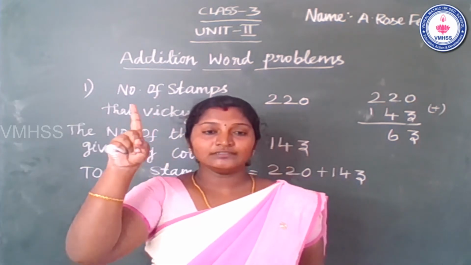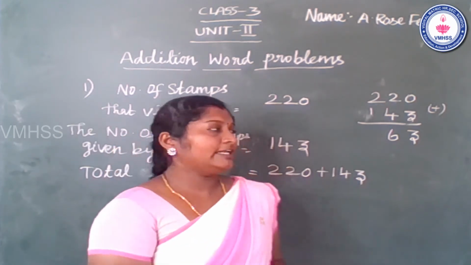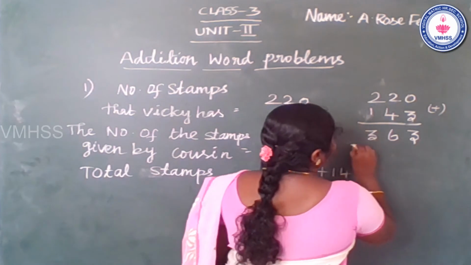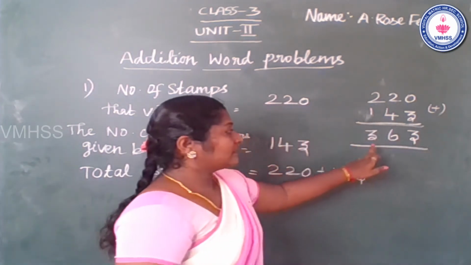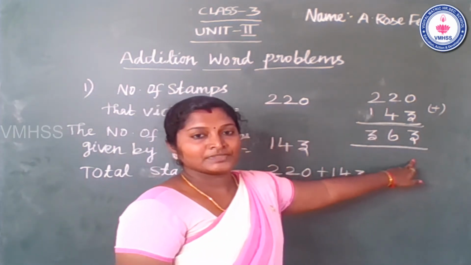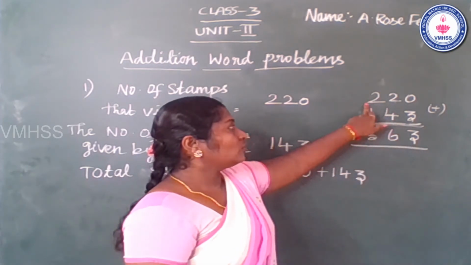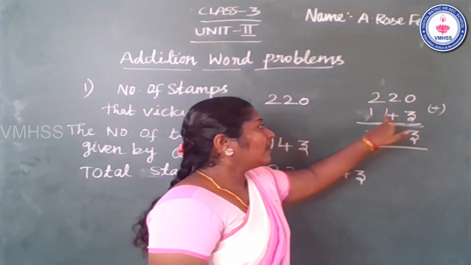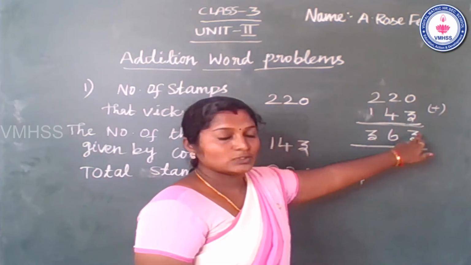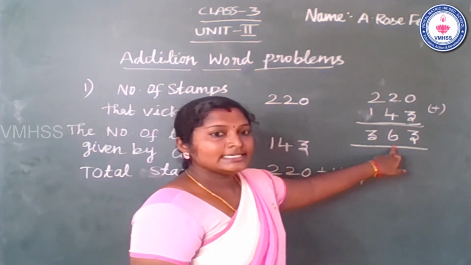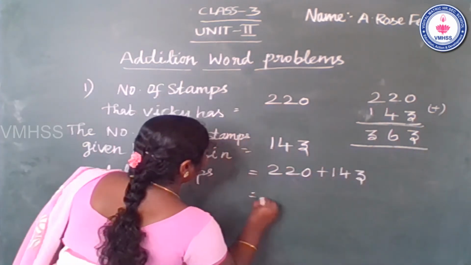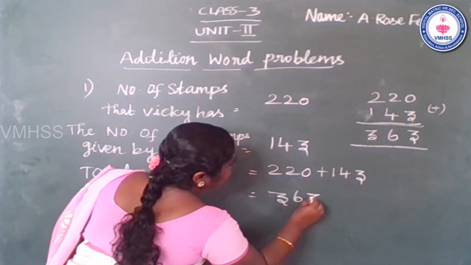So 2 after 1 is 3. Very good. So now we get the answer 363. Okay students, 220 plus 143, we get the answer 363. So, 363 stamps.